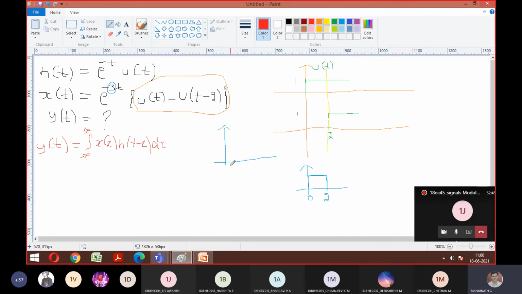So we wrote at 0 it is 1, then it will keep looping. But in this problem we can't write the things like this. Why? Because it is going to multiply with the unit step function which is ending at the interval 2. So now what is the way to represent this x of t? How does it look, guys? How to write x of t now? Or x of tau? I hope you got the logic of what I told.